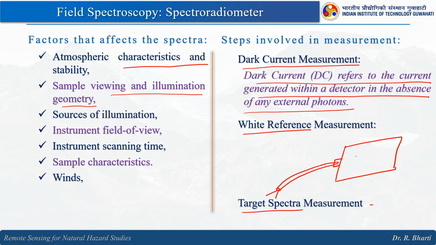Here you have different detectors, remember the silicon and indium gallium arsenide. They are arranged in such a way that when light enters here, it is sensed by these detectors.